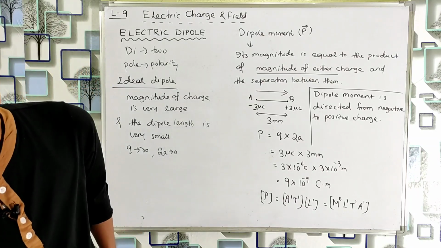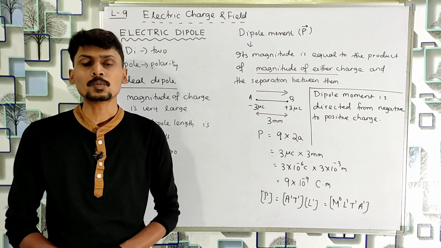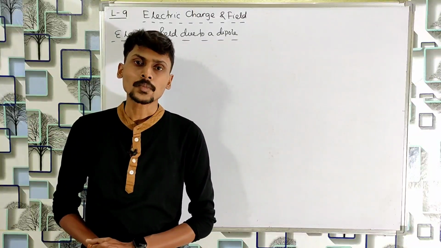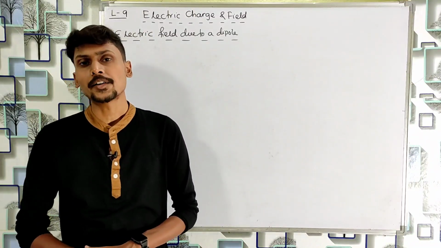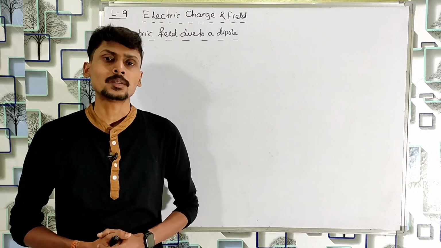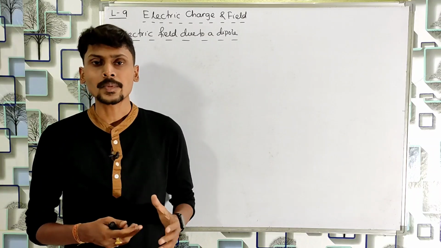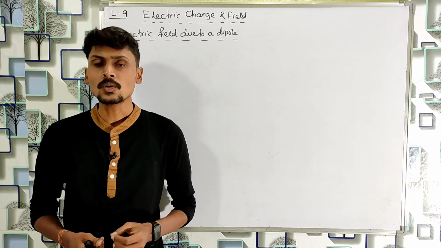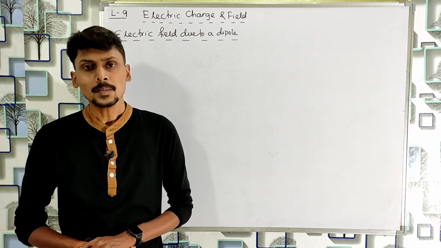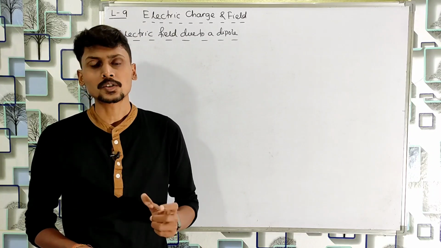Now we'll go on to find an expression for the electric field produced by a dipole. So let's discuss that. Students, we already know the formula to calculate the electric field intensity due to a point charge. If a point charge is placed in vacuum, then the electric field intensity at a distance r from it is given by E equal to 1 by 4 pi epsilon naught q by r square. But in case of a dipole, we have two charges, minus q and plus q.